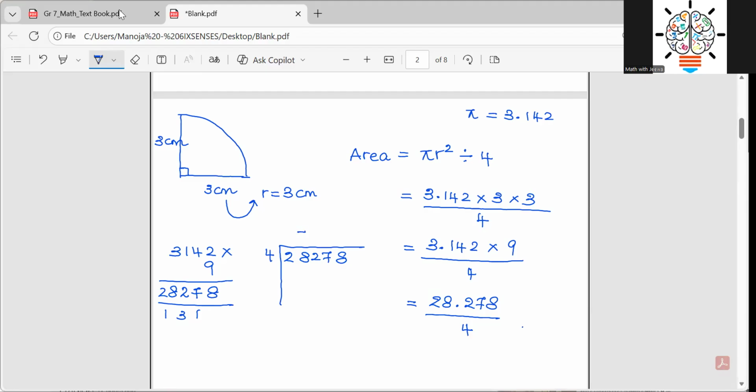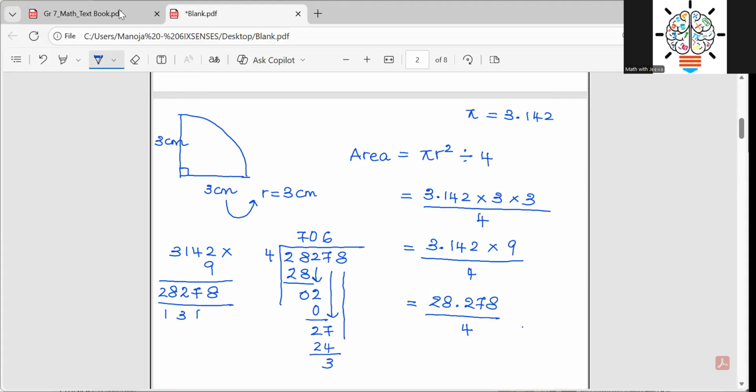4 times 7, 28. So then 0, you bring this 2 here. For 2, how many 4s that you don't have? 0, 0, and you bring this 2. And here that's 7. 4 times 6, 24. And then you have 3 here.